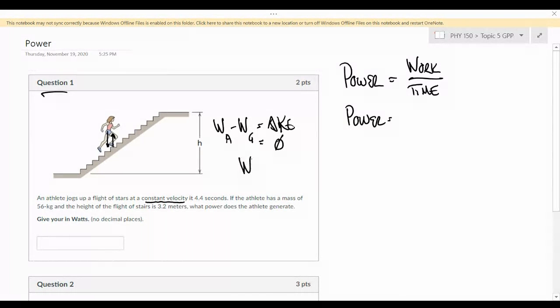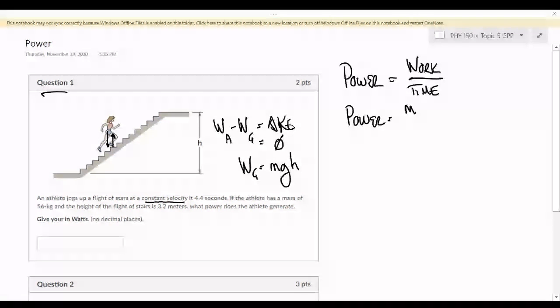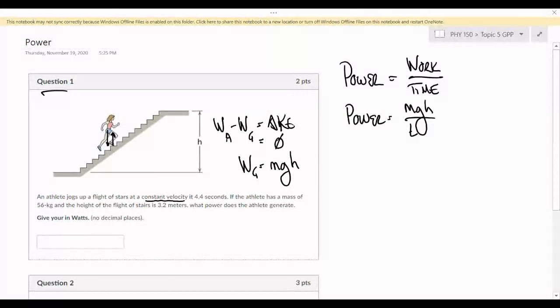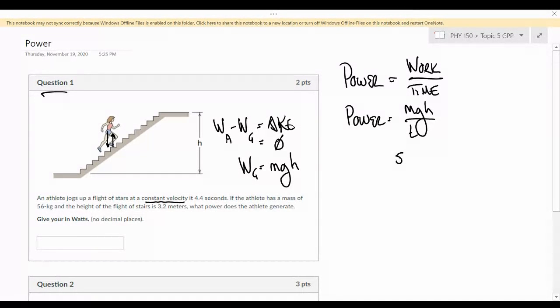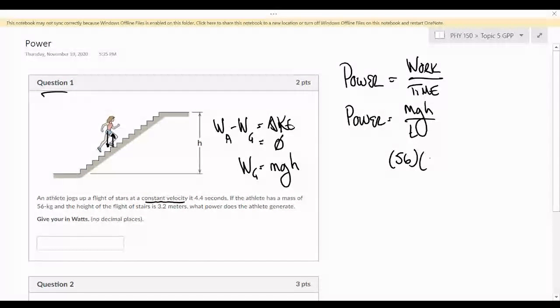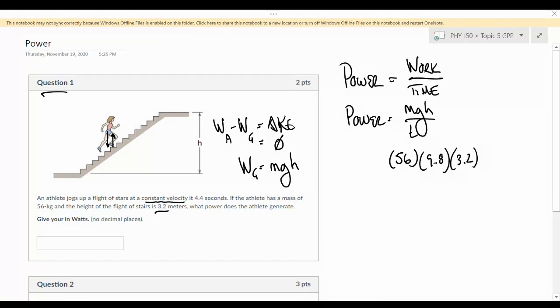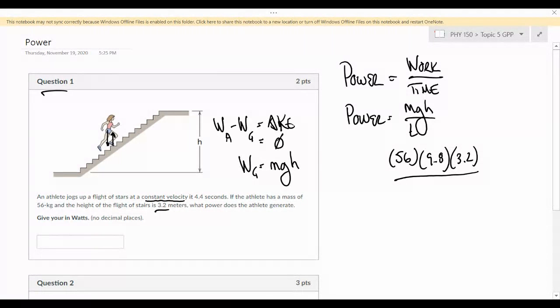You might recall work done by gravity is mgh. So we can put that in here, mgh divided by t. For this case, let's put our numbers in. We've got a 56 kilogram athlete times g times the height, in this case 3.2 meters, divided by 4.4 seconds.